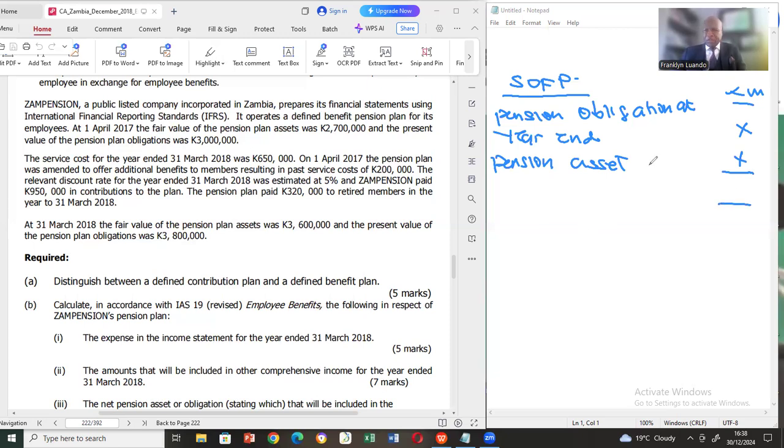For example, if the obligation is 420 million and the pension asset is 320, there will be a net pension liability, which will be reported under non-current liabilities.